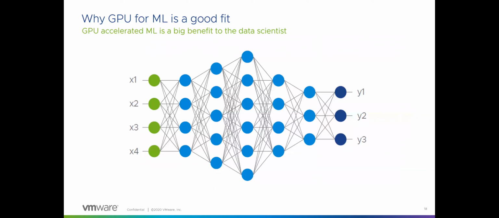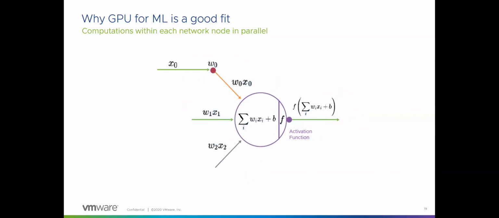And all these nodes are connected to each other, right? And to give you an example, each and every node, and there can be thousands or maybe millions, depending on the workload, each and every neural network node is potentially doing a calculation like this. Again, just an example, but you'll have the same X's, the inputs. You'll have the W's, the weight values. In the end, you'll see a sum identified by the sigma symbol and an activation function that is applied to that specific sum. And the weight values keep changing over time.